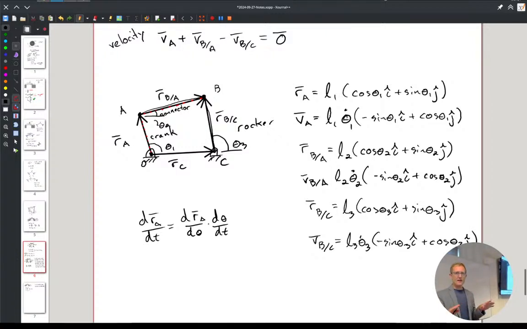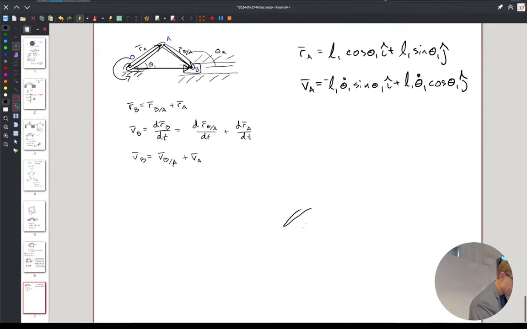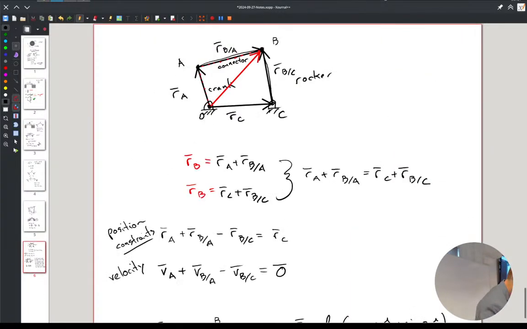And I have everything that I need to plug into all of my constraint equations and figure out how to solve for one thing given something else. Where did this guy come from? Left over.